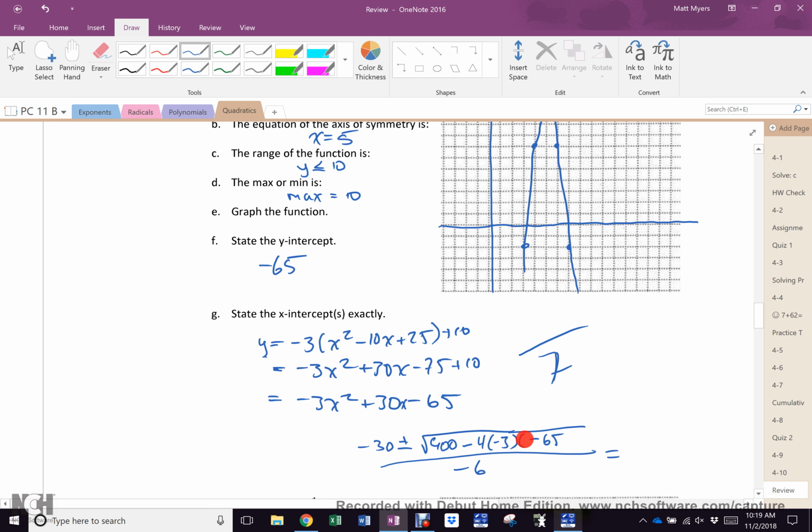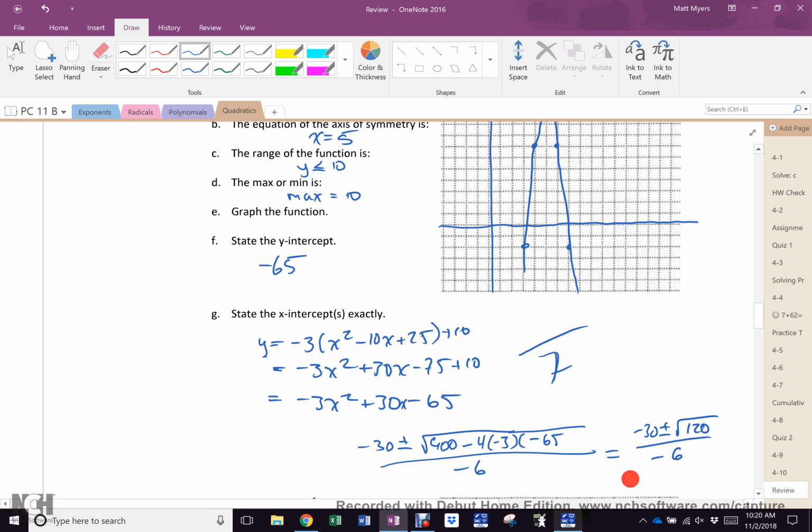Oh, crap. 900 minus 780. That sounds good. 12 times 65, 780, yep. So that's negative 30 plus or minus the root of 120 over negative 6.